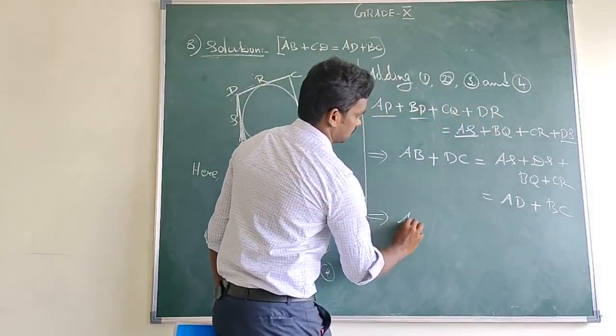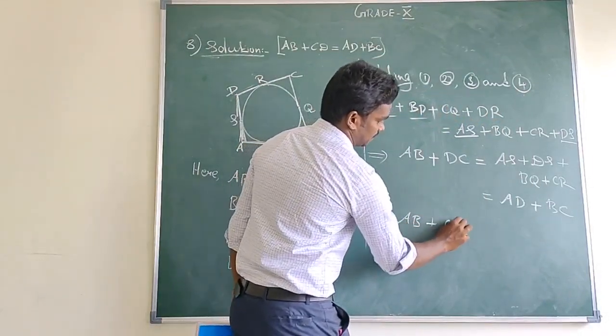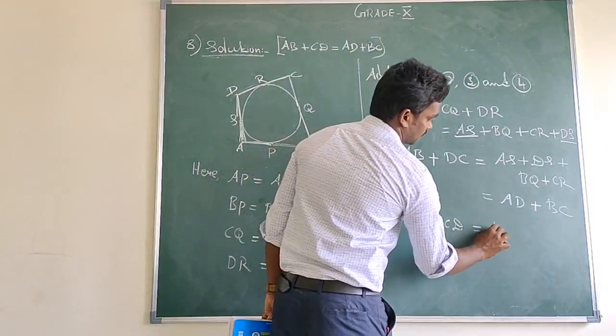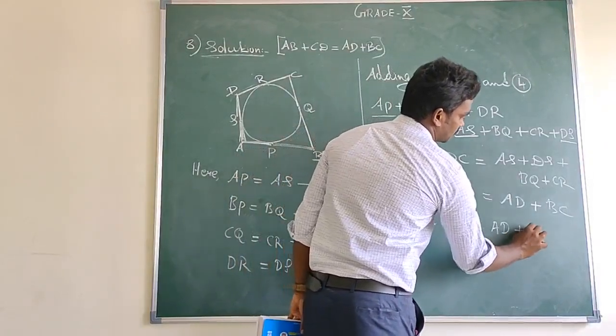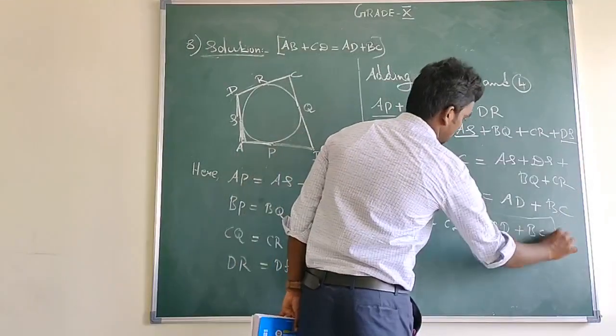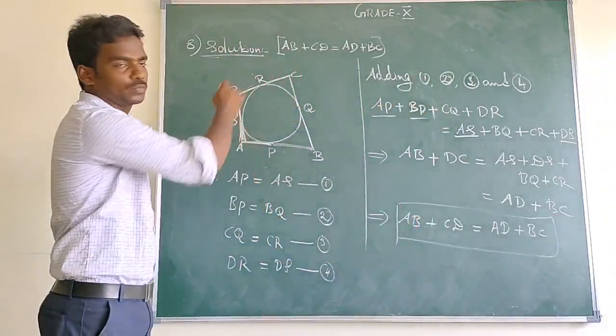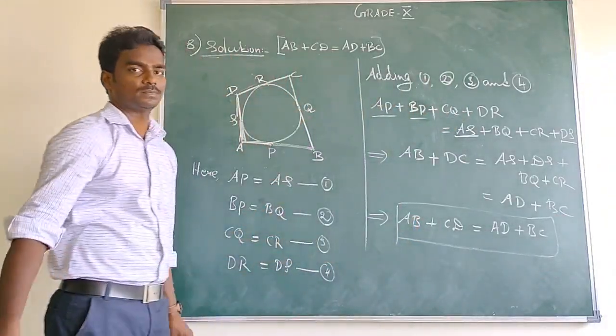Implies that AB plus CD is equal to AD plus BC, which is our required proof. AB plus CD is equal to AD plus BC.